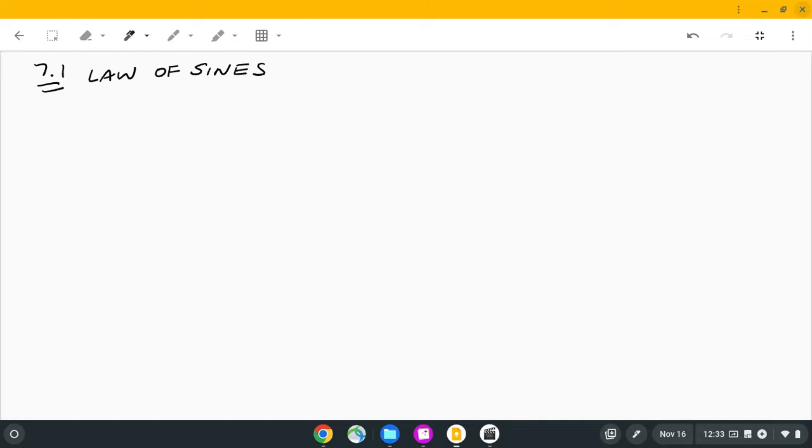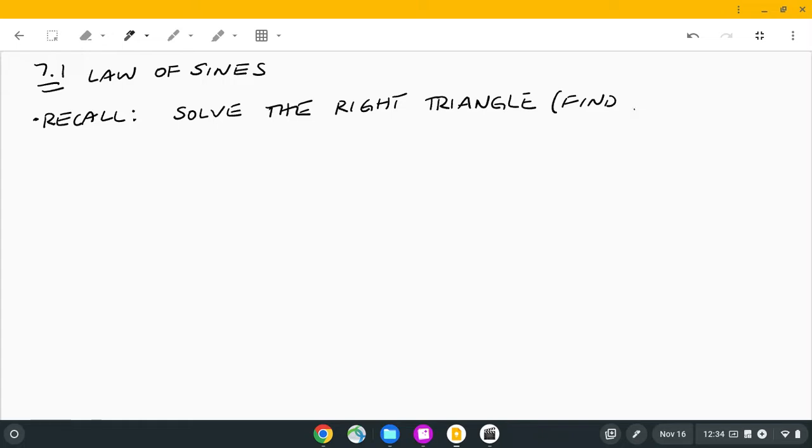Okay, so before we start with law of sines, let's just recall what it means to solve the triangle. You used to get a problem that would say solve the right triangle, and what that means is you have to find all of the missing sides and angles.